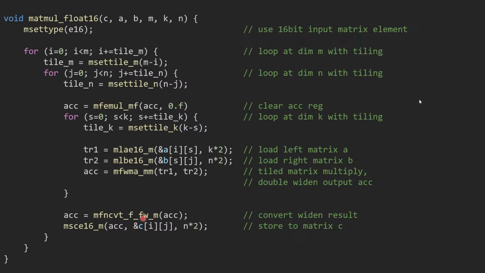Next we will convert the floating point 32 results to maybe floating point 16, and store the results back to memory with matrix store instructions. And here are the three loops. In each loop we will set the respective tile CSRs.